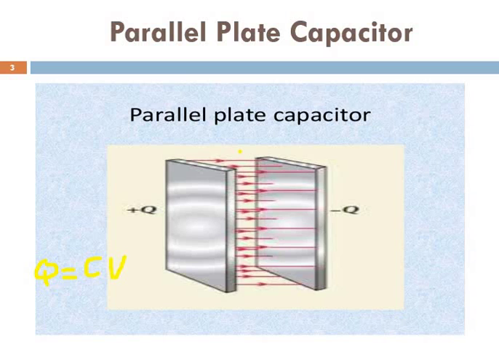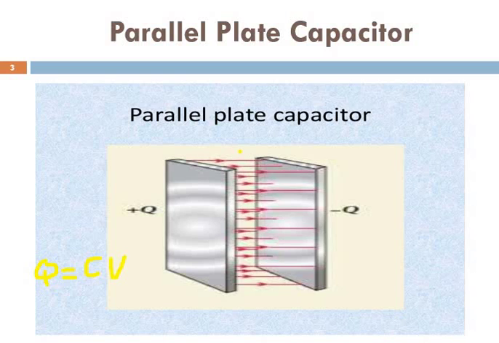Capacitance also depends on the material that fills the space between the plates. For the present, however, we assume that space to be a vacuum. The SI unit of capacitance is the coulomb per volt, which is given the name farad. 1 farad is equal to 1 coulomb per volt.